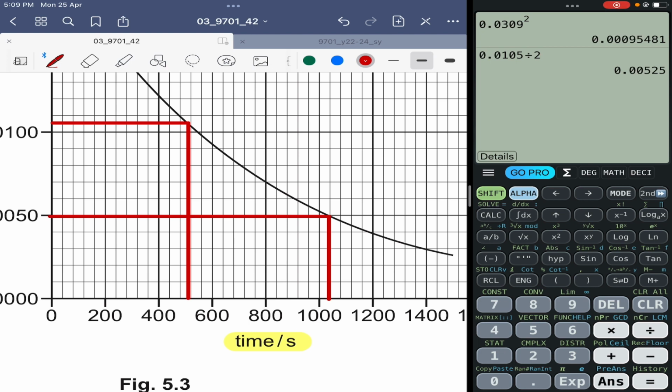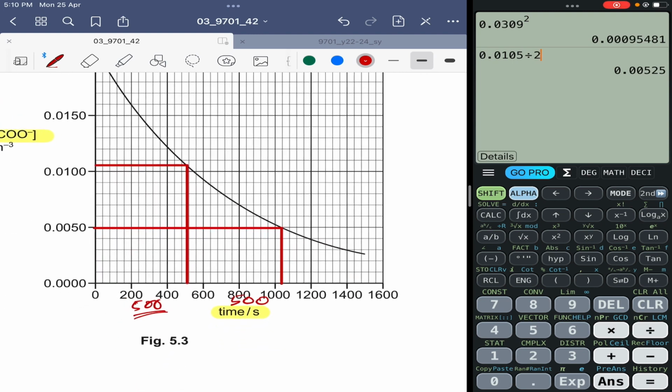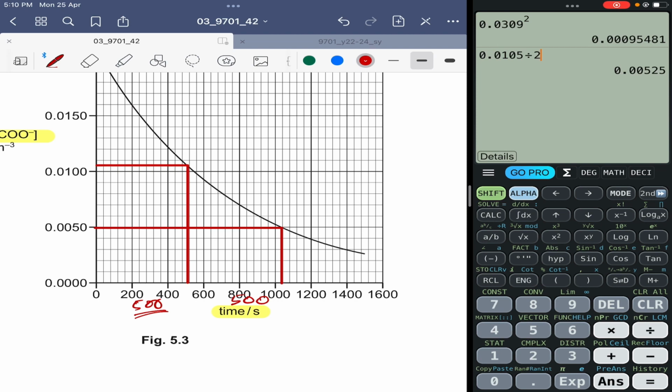So the first half-life was around 500 seconds, and the second half-life is around 510 seconds, or 520 seconds. So this is almost the same, right? So we can say that the first half-life and the second half-life both are same. So that means this is a first order reaction with respect to chloropropanoic acid.